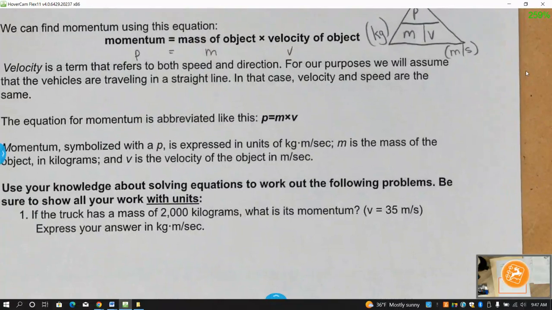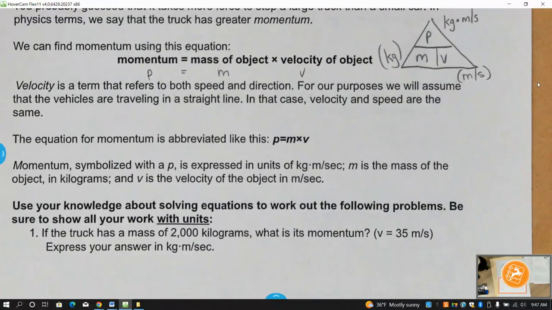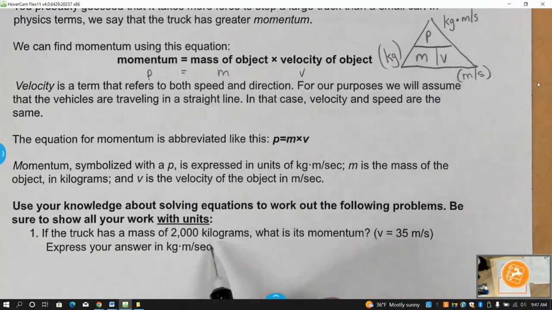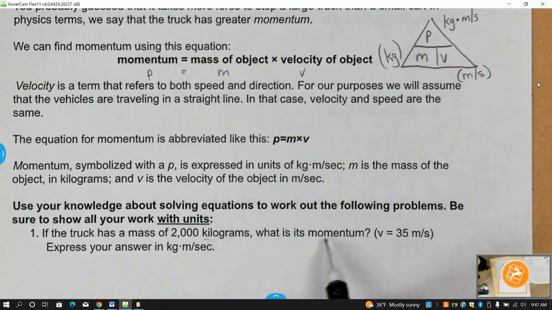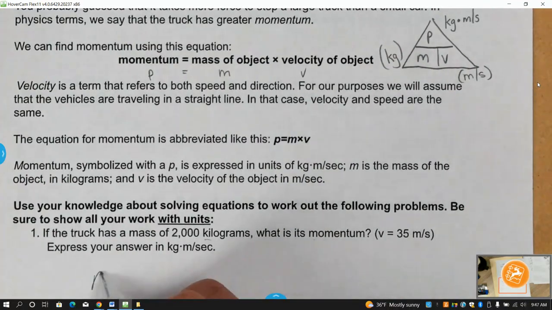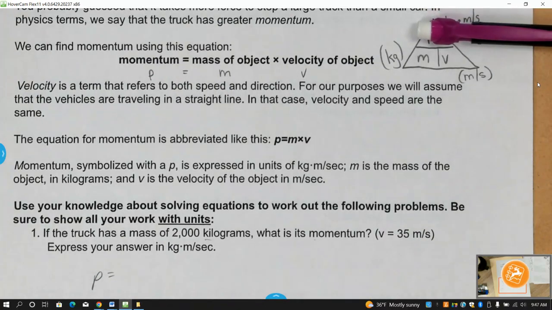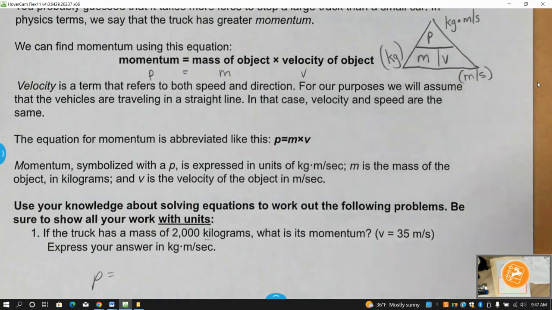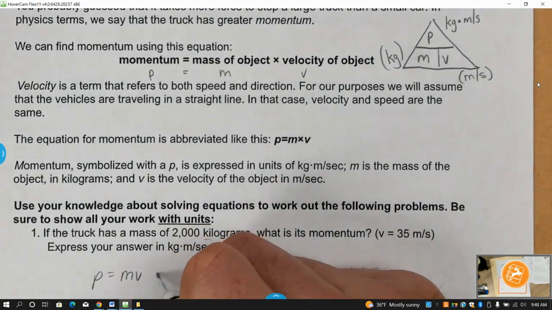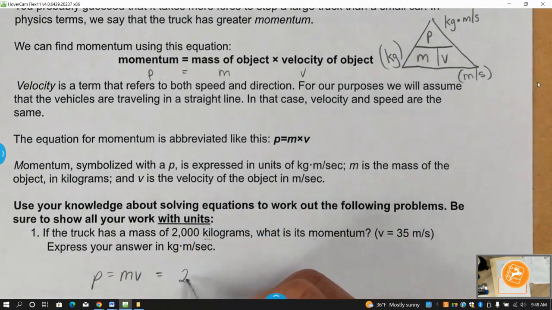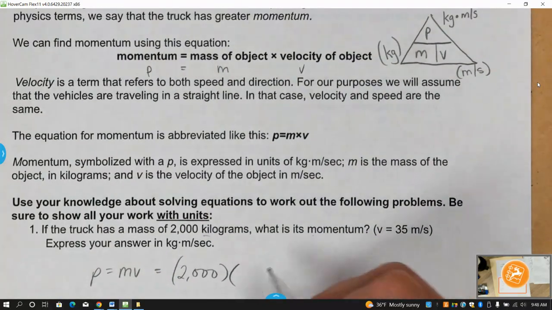All right, so the first one, number one: the truck has a mass of 2,000 kilograms. What is the momentum? So they want P. Covering up P in the triangle is M times V, mass times velocity. So that's M of 2,000 times velocity of 35.